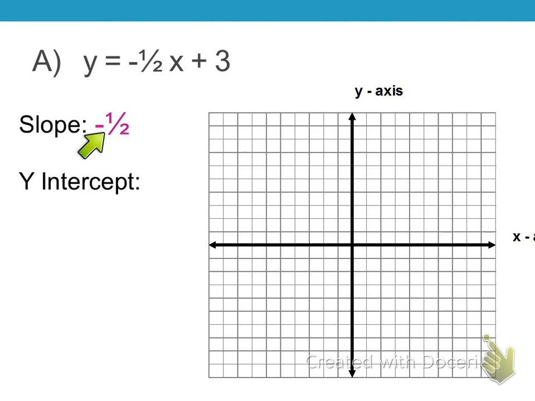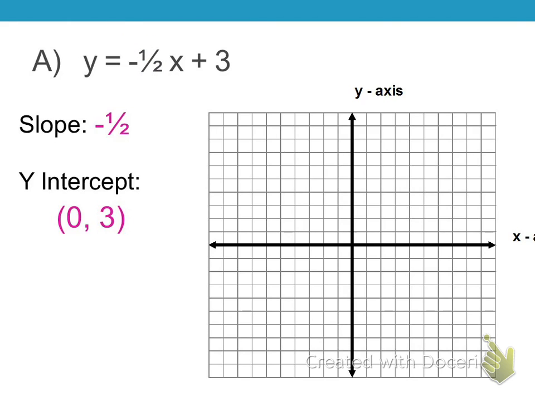Goes under slope. And then what's the y-intercept? 0, 3. Good. Now, I always think of the b part as where we begin and the m part as how we move. So begin here, move this way, okay?